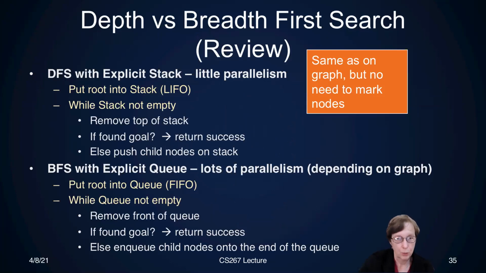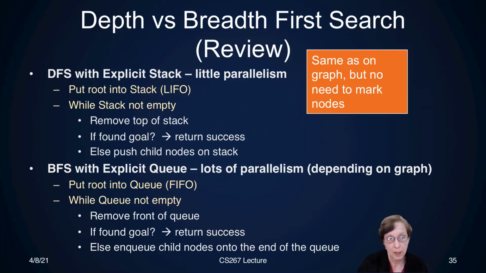And just to remind you, this certainly comes up in graphs, but it can also come up in trees. We've got depth first search, where if we've got a stack, for example, and we're putting things on and pulling them off in a last in first out manner, then we end up with a depth first execution in serial.